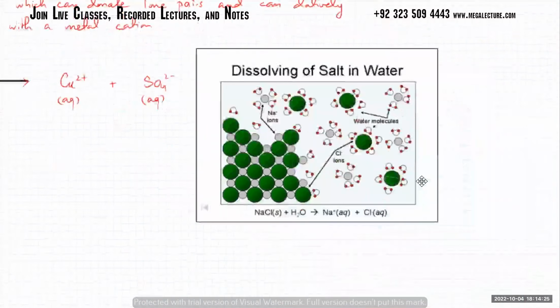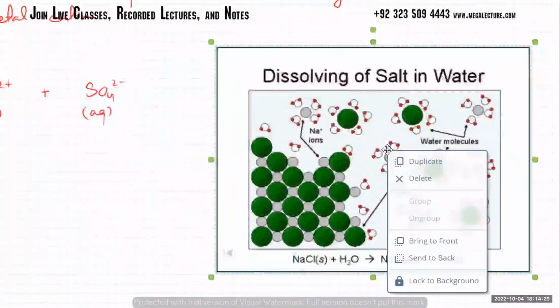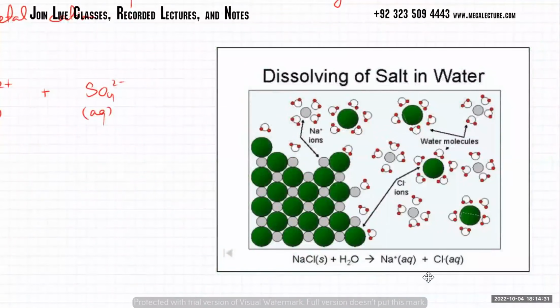So this is what actually goes on: you had an ionic lattice where you had a bunch of positive ions and a bunch of negative ions, all attracted to each other. This is what an ionic lattice looks like: positive ions attracting negative ions attracting positive ions.